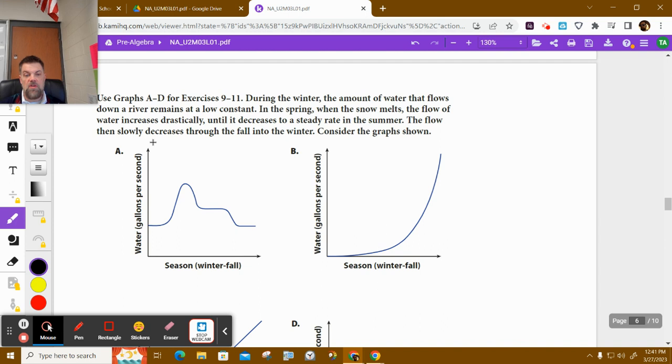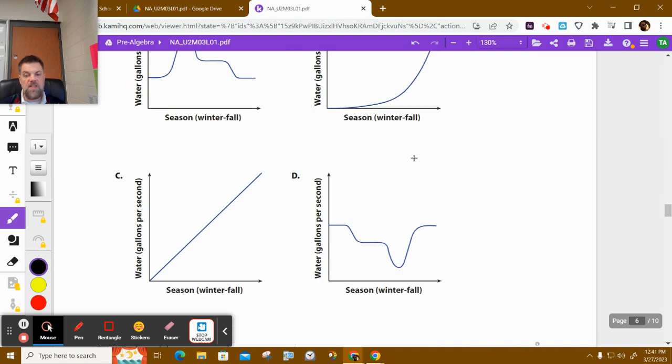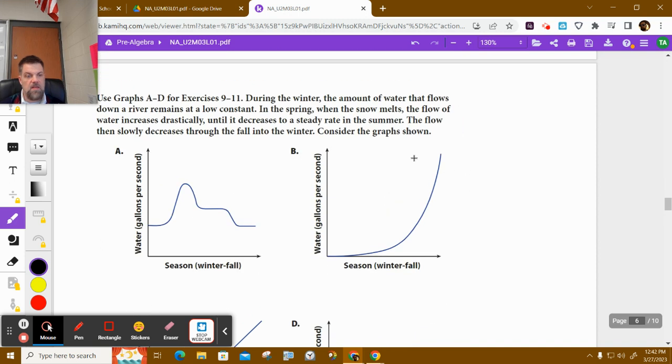The flow then slowly decreases through the fall and winter. So which one do you think that is? You think it's A? What do you guys think? No. D.